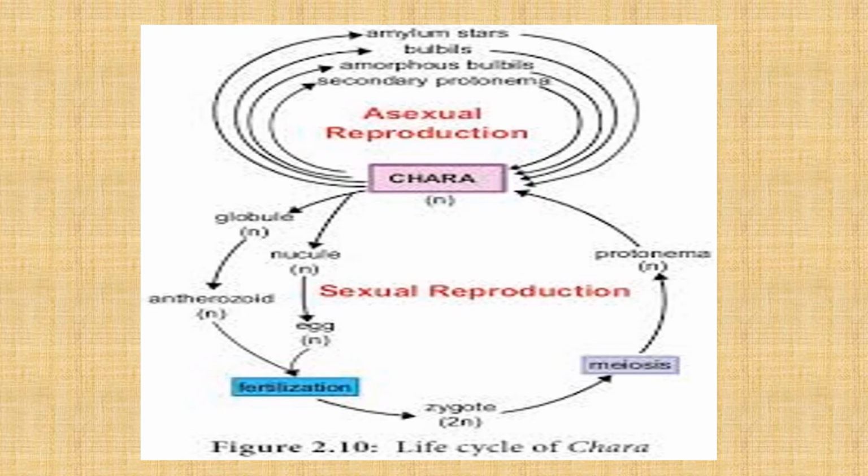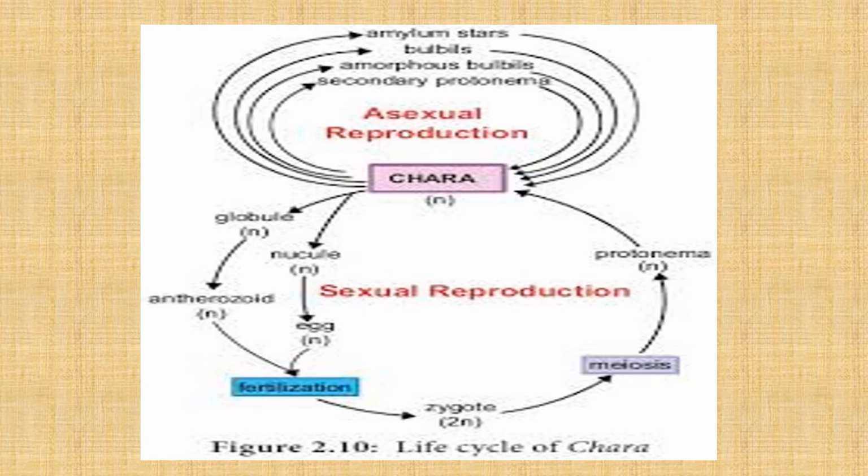Now this is the life cycle of Chara. Now, Chara, if it is a polycarpic species, then under very harsh conditions it can undergo either sexual or vegetative reproduction, and asexual reproduction is absent in Chara.